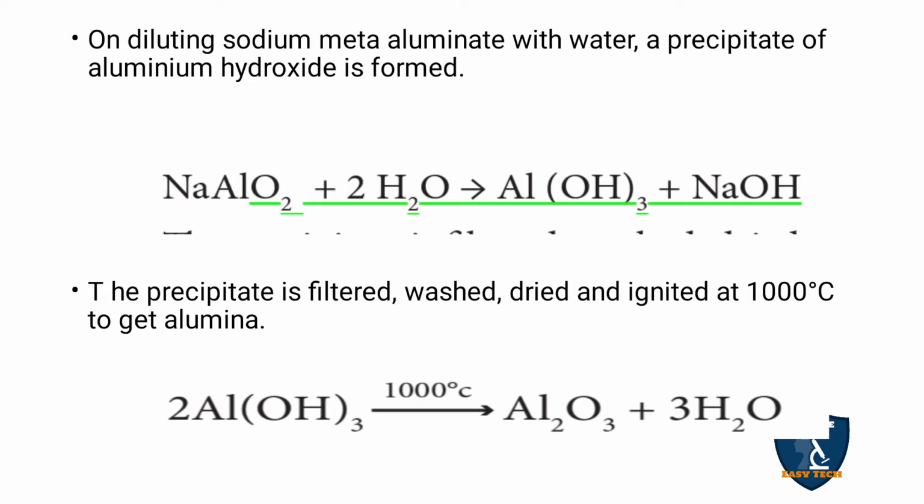Next step: on diluting the sodium meta-aluminate with water, a precipitate of aluminium hydroxide is formed.